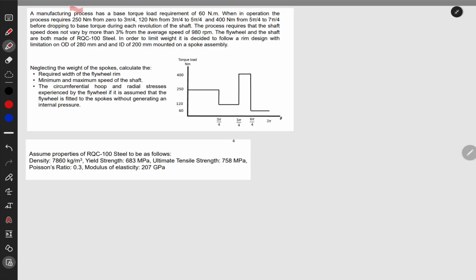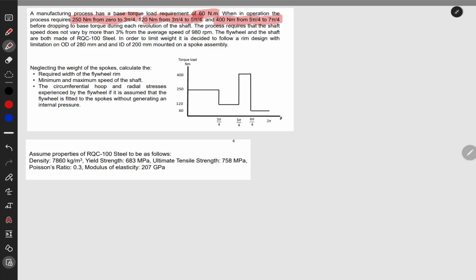Okay, in the manufacturing process, a base torque load requires this much. That's our TL, torque load. When it's operating, the process requires this much in this revolution, or let me say displacement, and this much and that much before dropping to the base torque during each revolution of a shaft.